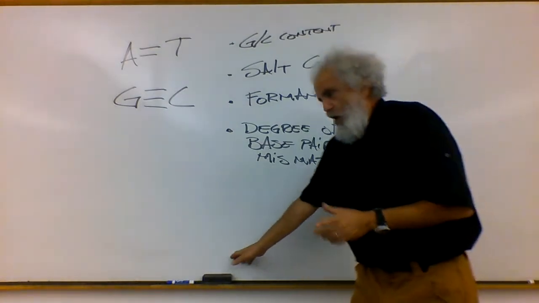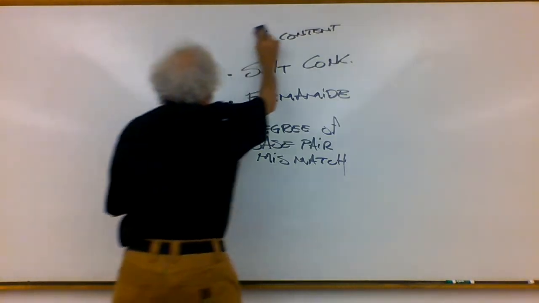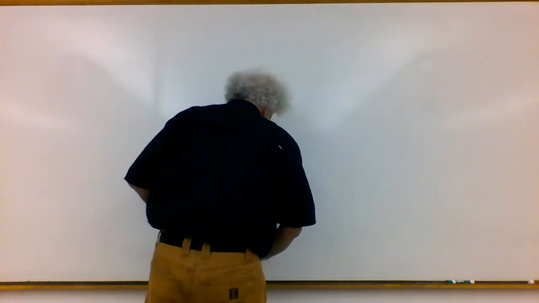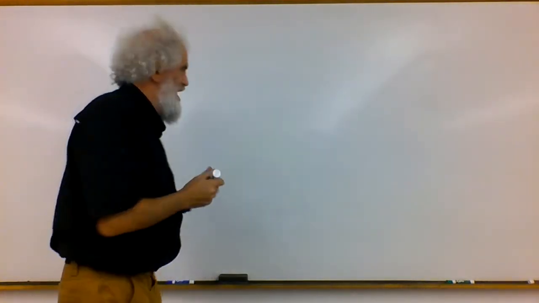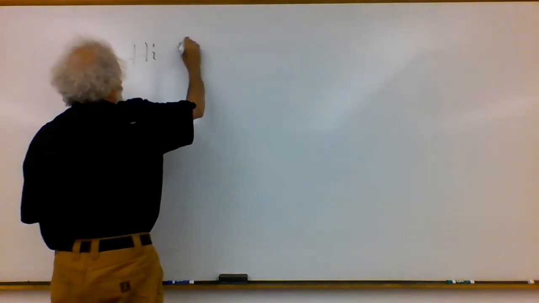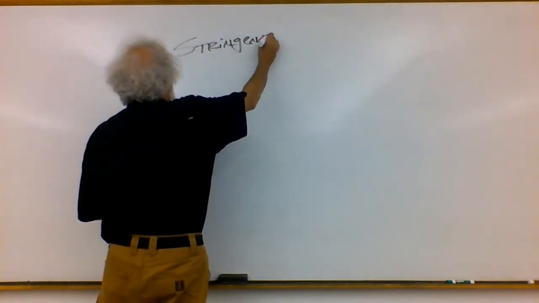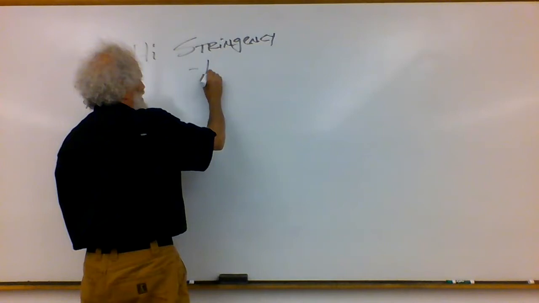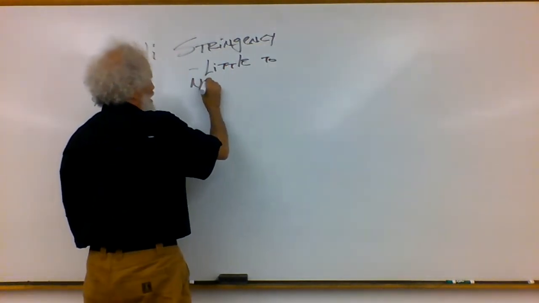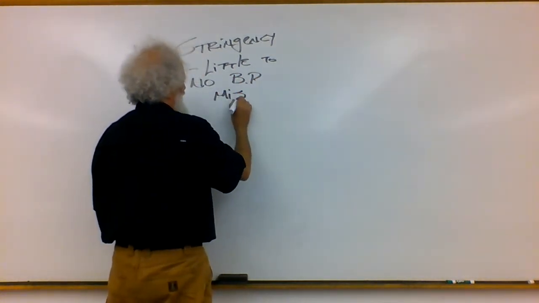Now, what this means is we can carry out experiments in which we are hybridizing DNA sequences together in two ways. We can have what we think of as high stringency, and we have at this little to no base pair mismatch.